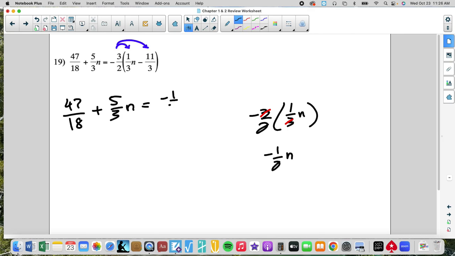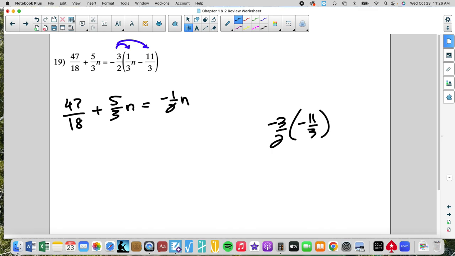Now we're going to multiply the negative 3/2 times negative 11/3. And we're going to cancel the denominators. A negative and a negative is a positive, and we get 11/2. So plus 11/2. It's not hard. If you just write it out, it's relatively easy.